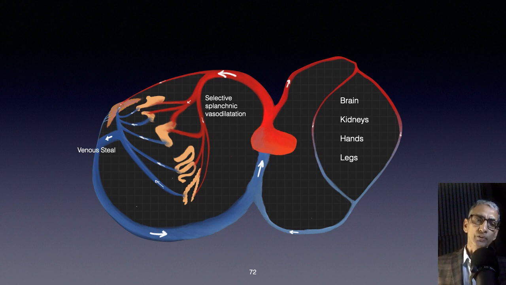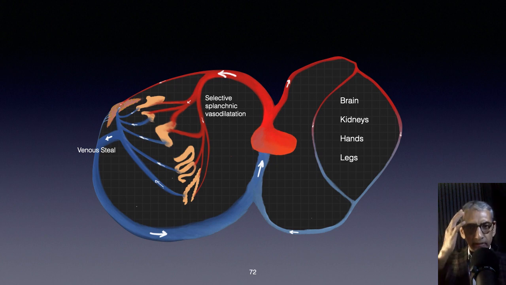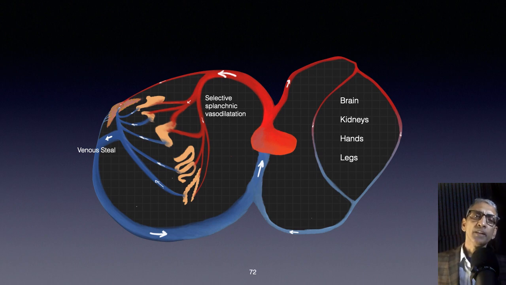We want vasoconstriction, but it's coming at a cost, because it's causing vasoconstriction in systemic circulation too. At the same time, with RAS system activation, the sodium retention, instead of helping, can add to the problem. So in a way, the body is trying to help, but it's helping, I would say, about 50%.